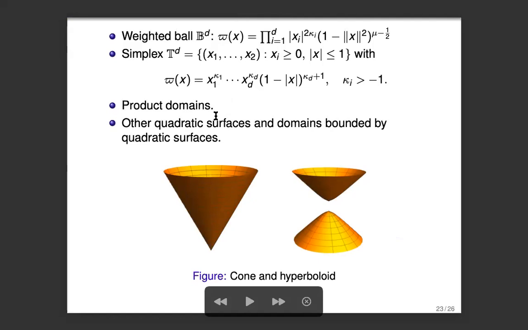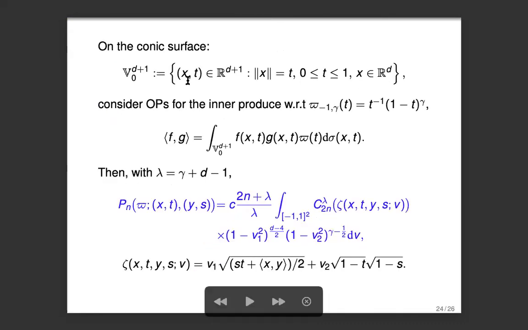Recently I started work on this for other quadratic surfaces. Instead of spheres and balls, you can have, for example, cones and domains bounded by quadratic surfaces, something like this cone, and this hyperbolic surface. Now you have similar things. For example, on the conic surface, the first one, you simply write down the d variables x and t from 0 to 1.